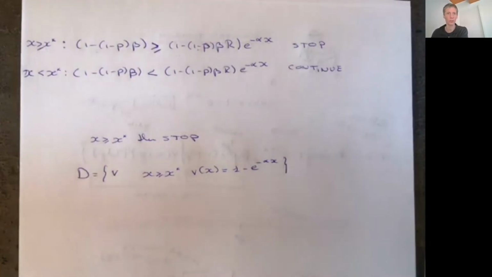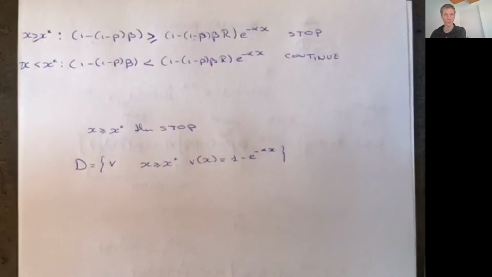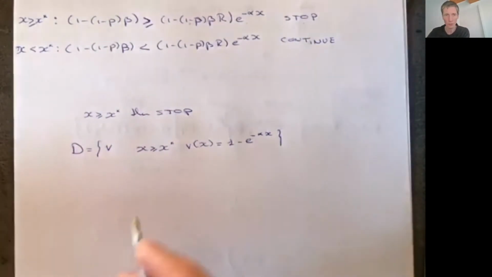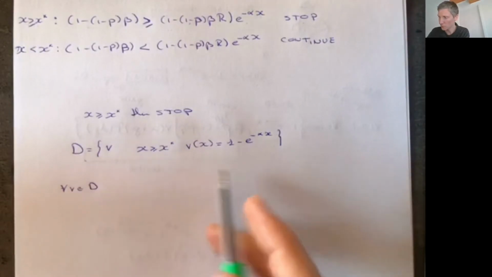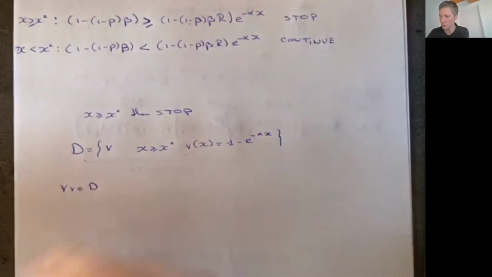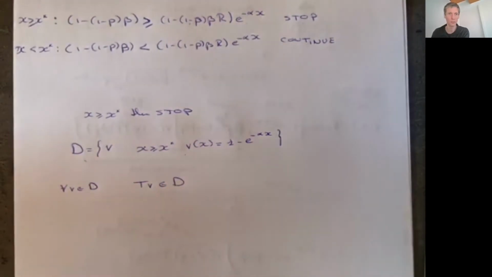This is what I would like to show, because if v of x is equal to the first part here, then stopping is optimal. So what I need to show is that for all v in the set here, because this set is closed, there's an equality here, T of v is also in D.